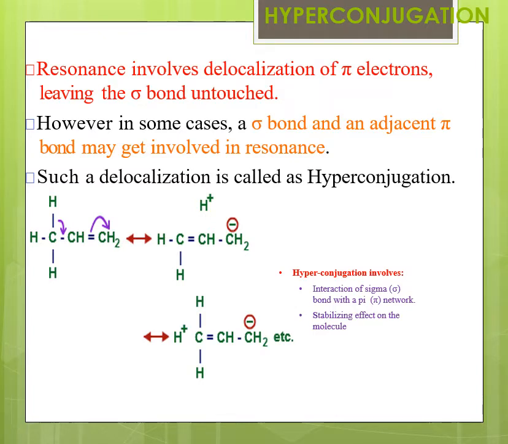So this is also delocalization. So in delocalization we cannot represent a single structure to explain the structure of a real molecule. So this is also resonance, but since instead of pi electrons, sigma electrons are also delocalized, such type of conjugation is called hyperconjugation, right?